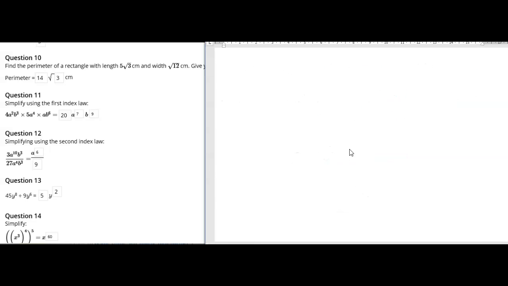Okay, question 12. When a division is written as a fraction, it's always so much easier to see. Now let's see what we can cancel.